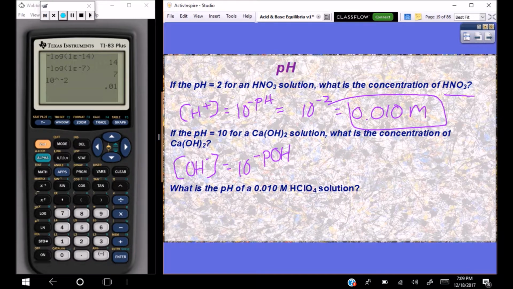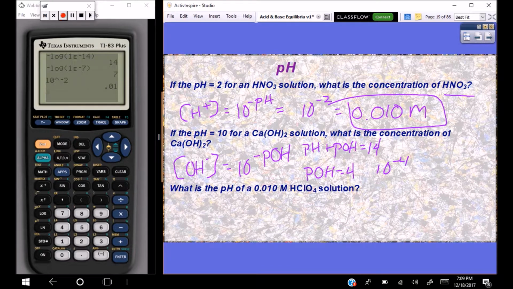So we know that our pH plus pOH is equal to 14, right? So if we plugged in our pH and solved for pOH, we'd be in good shape. So 14 minus 10, we get a pOH of 4. Okay. Then we could say 10 to the negative 4 is our OH concentration.